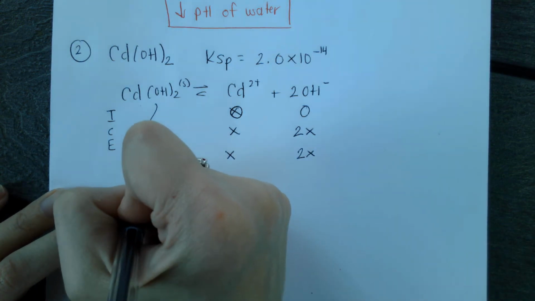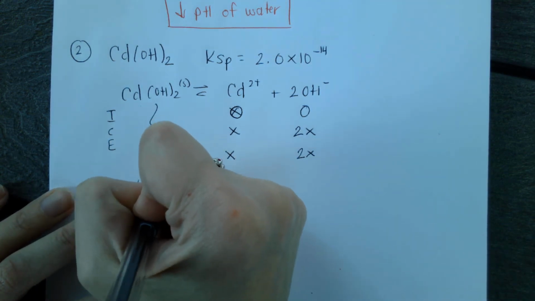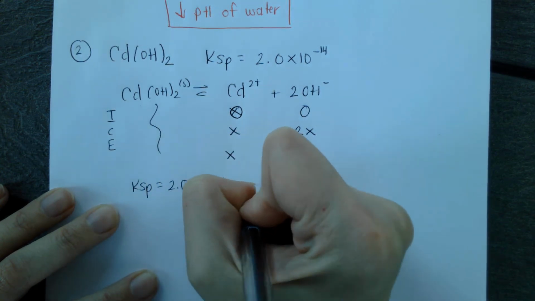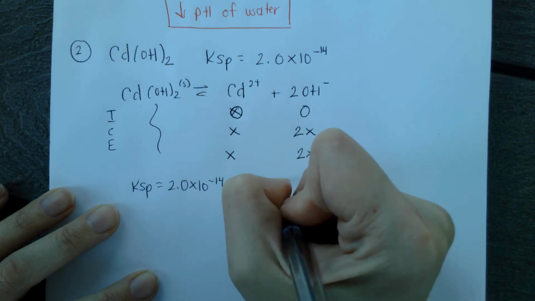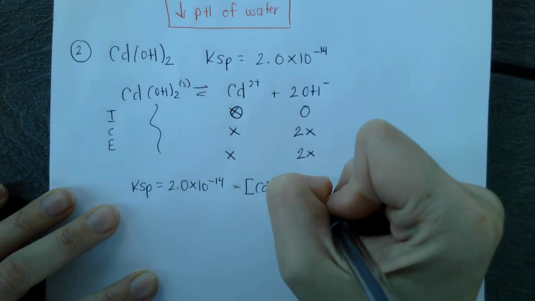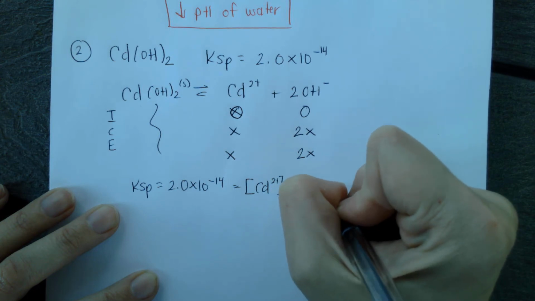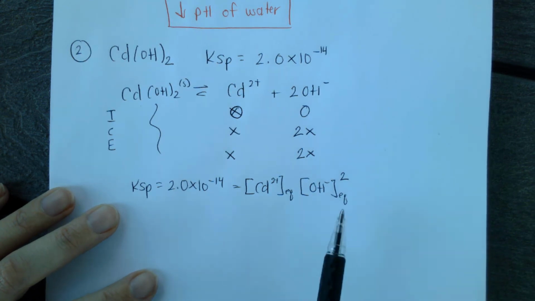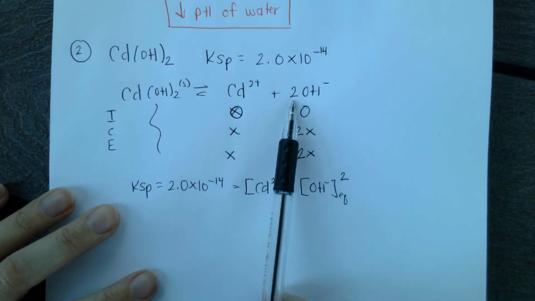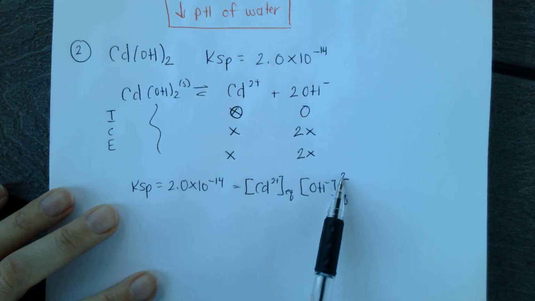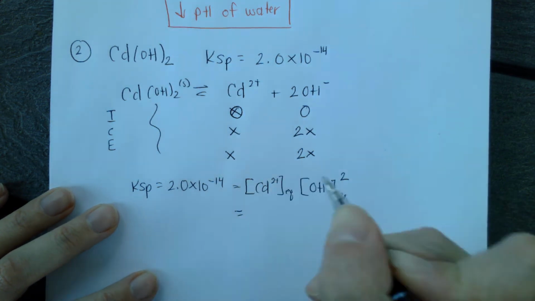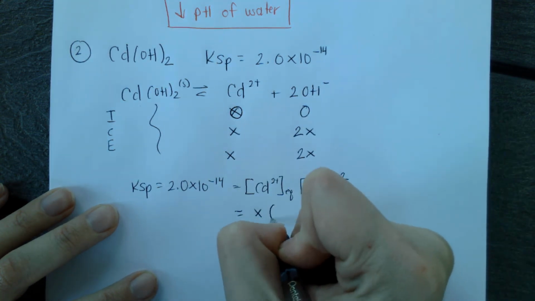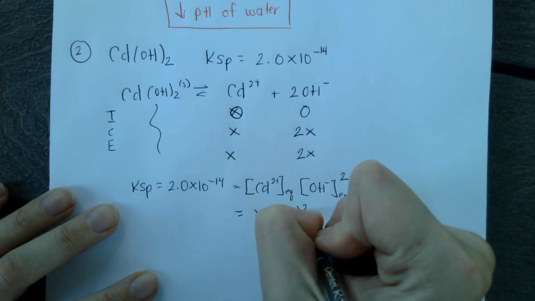So our Ksp, 2.0 times 10 to the minus 14, equals the concentration of cadmium at equilibrium times the concentration of hydroxide at equilibrium squared, because we have that stoichiometric 2. Putting in our values from our ice table, this turns into X, and this turns into 2X squared.